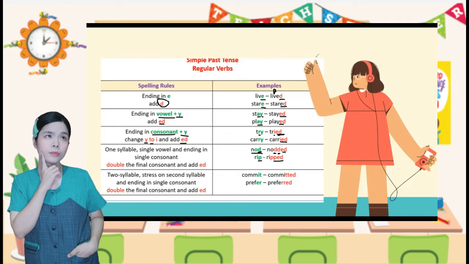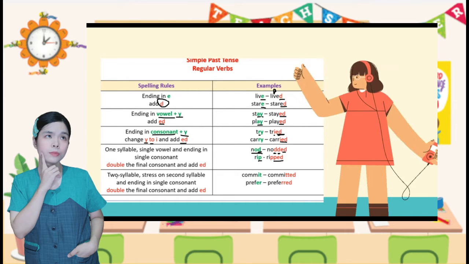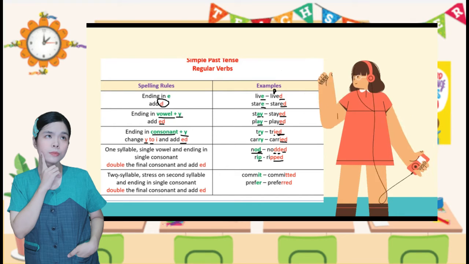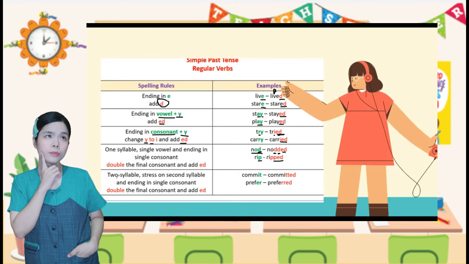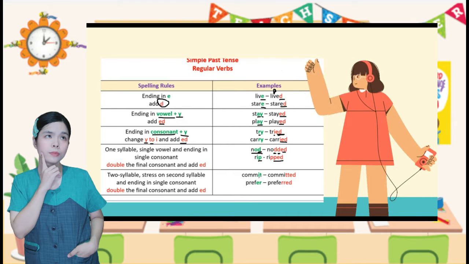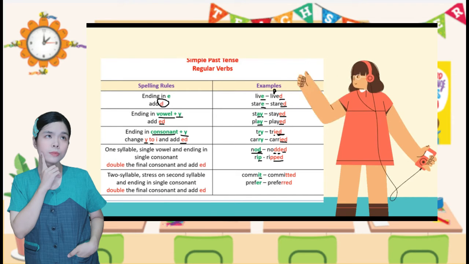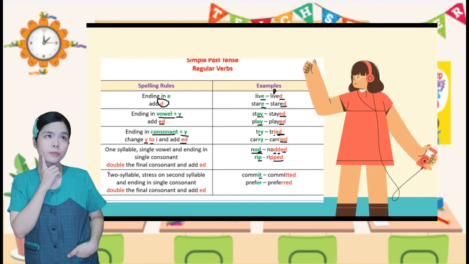Good job. Next one: if it is two syllables, with stress on the second syllable and ending in a single consonant, what shall we do? Double the final consonant and add ED. For example, commit. Two syllables, stress on the second syllable and ending in a single consonant, we're going to double the final consonant.